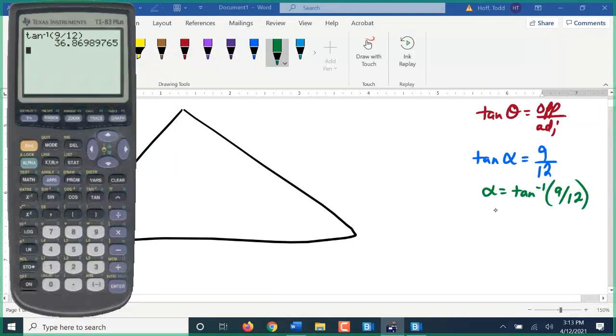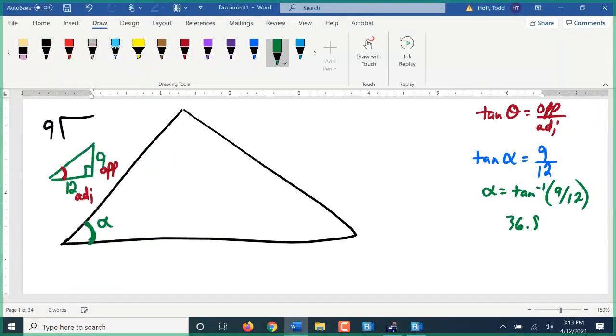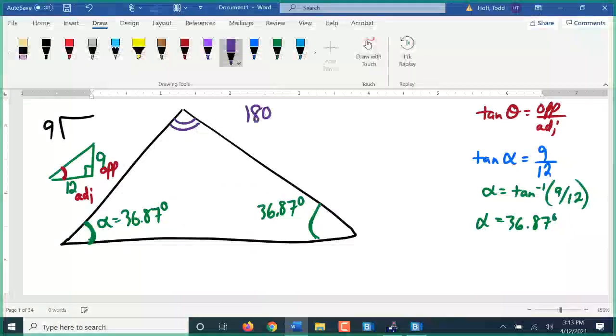It'd be 36.87 degrees. Now, since we said this is a common truss, the slope is the same on both sides, this angle over here would be 180 minus the 36.87.